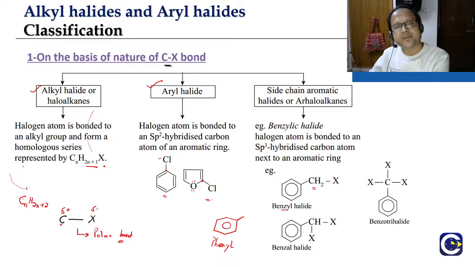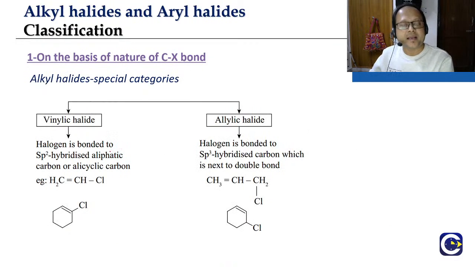So what is the difference between aryl halide and vinylic halide? The difference is that there is an isolated double bond. This is bonded to an sp2 hybridized carbon, but it is an isolated one. It's not part of the aromatic system. It is either aliphatic or alicyclic in nature. So this is aliphatic in nature, right? This is alicyclic in nature.